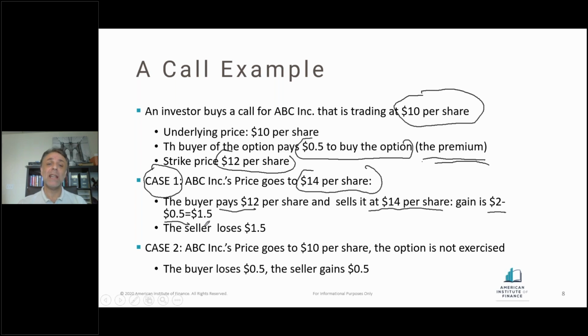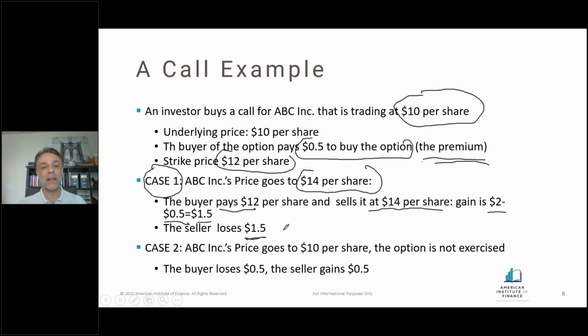You can also understand that the seller of this call will want ideally the price of the stock to go down or not move, right? It can also stay around $10 per share, and the seller of the call would be perfectly fine. Now you can see that if you make $1.50, the seller of the call will lose $1.50, right?